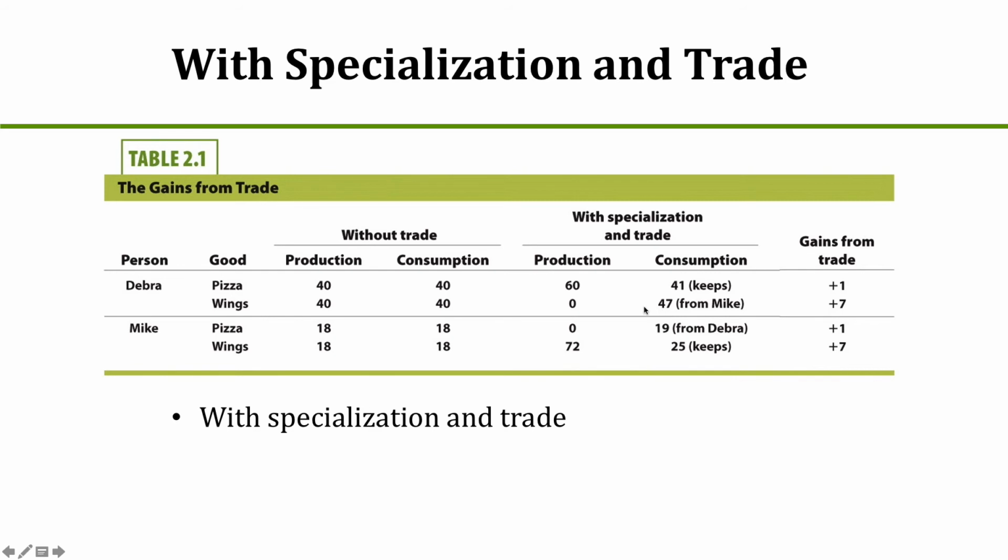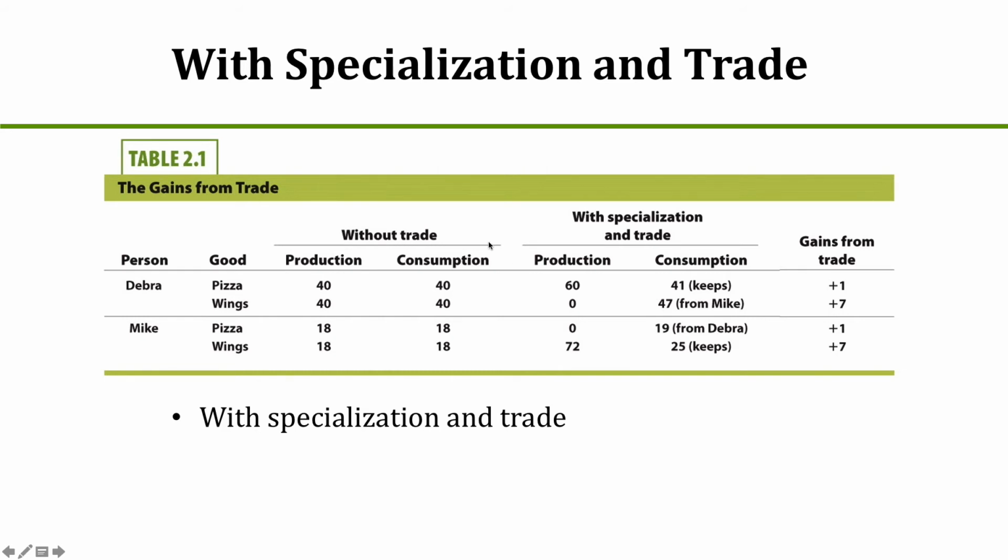So she is giving 19 pizza to Mike. And Mike is producing 72 wings, and he's keeping 25 of it, and he's giving the rest to Deborah, which is 47.